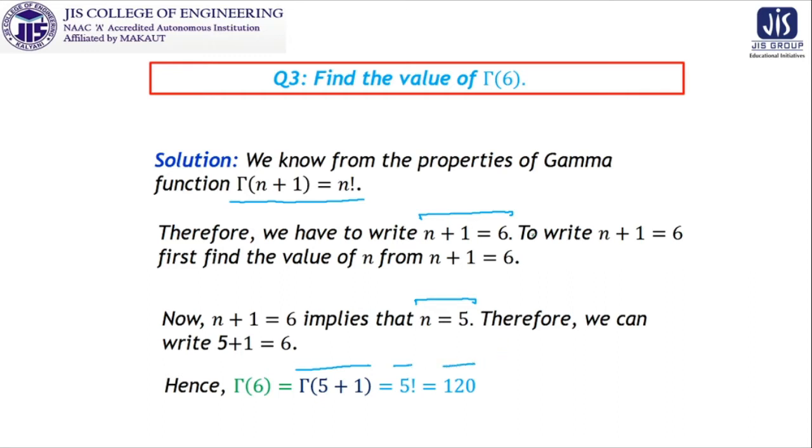So look at this. If you just want to write this structure of gamma 6 according to the formula, then you have to write the formula of an improper integral.